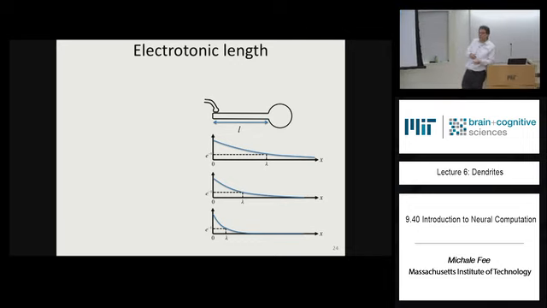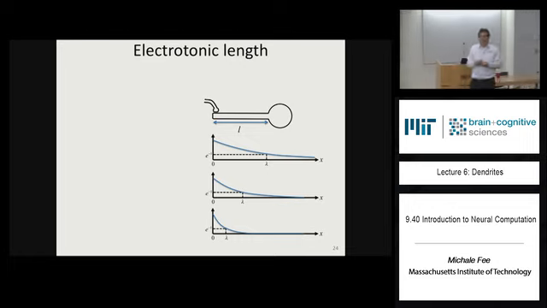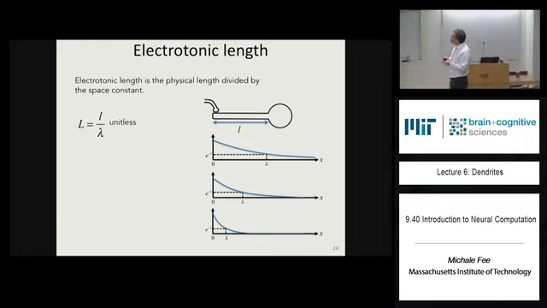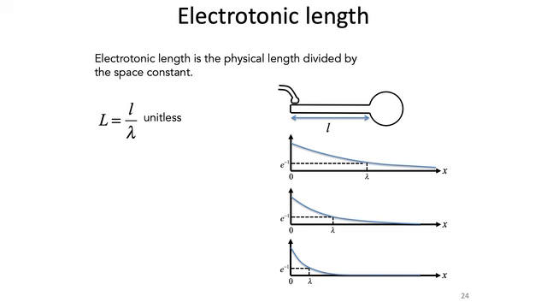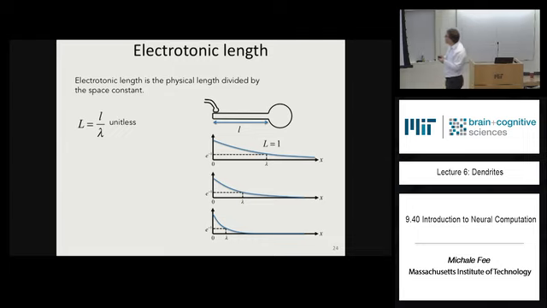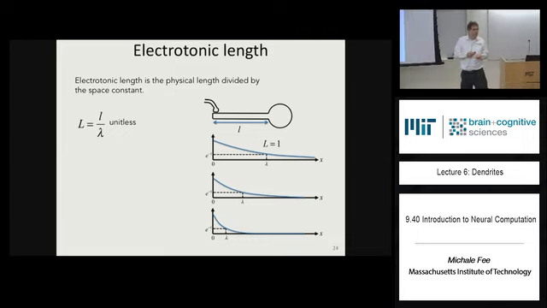Okay? So people often refer to a quantity called the electrotonic length, which is simply the ratio of the physical length to the space constant. Okay? So you can see that in this case, the physical length is about the same as lambda, and so the electrotonic length is 1.